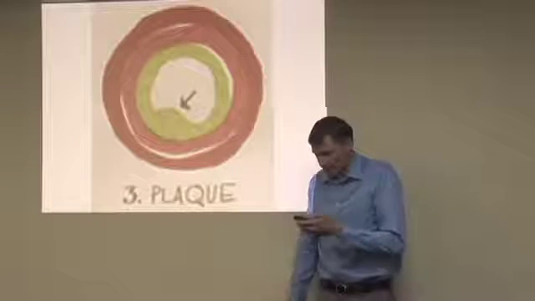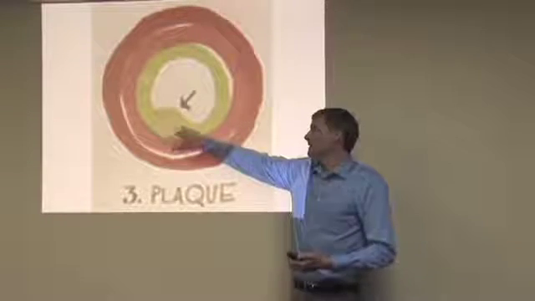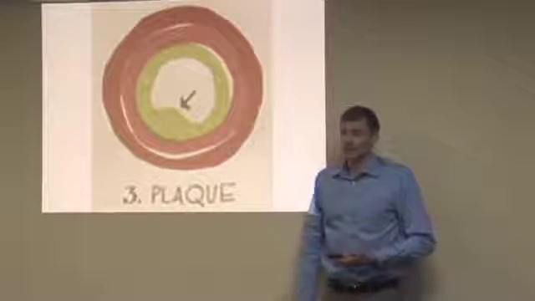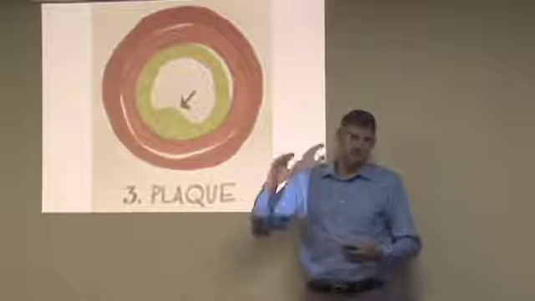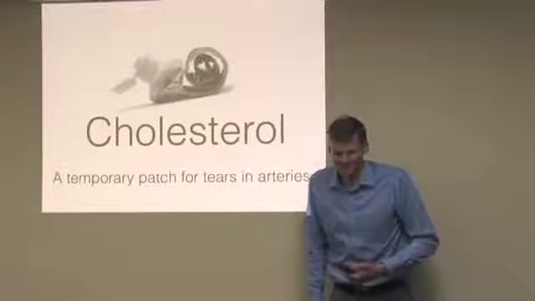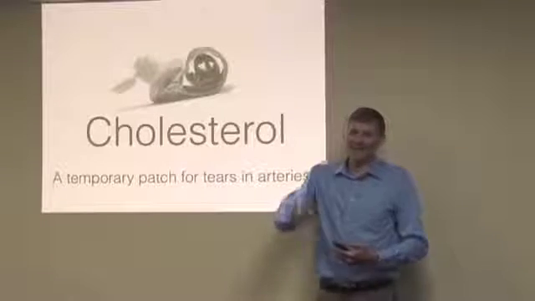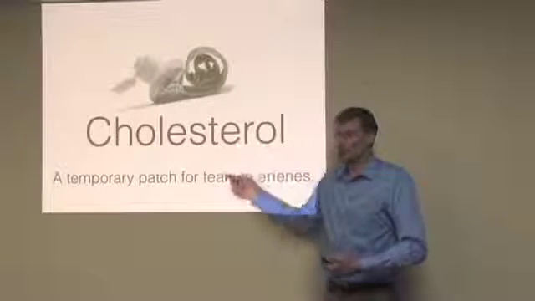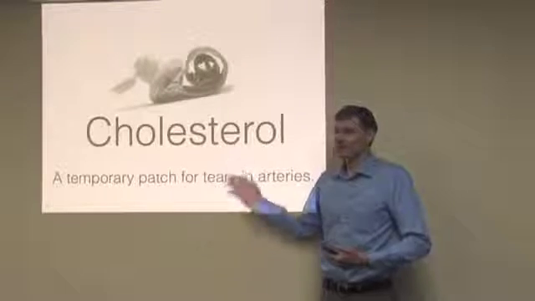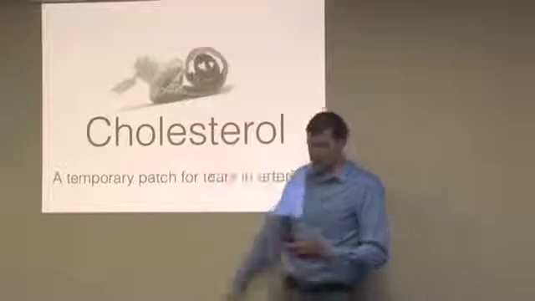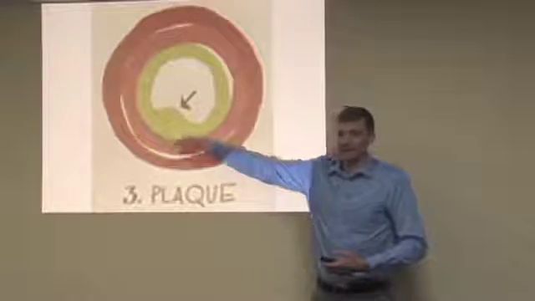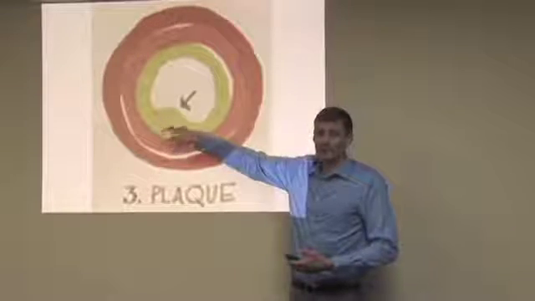All right, moving on. So now you got this tear, and then this plaque forms where the tear occurred. Now what is the plaque? The plaque is cholesterol. Cholesterol is toothpaste in the wall of your cheap apartment that you're trying to paint real fast. Cholesterol does not belong here, but it ends up there because of the tear.